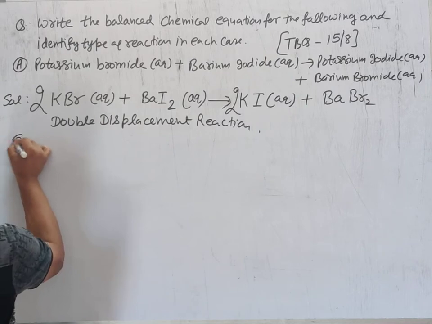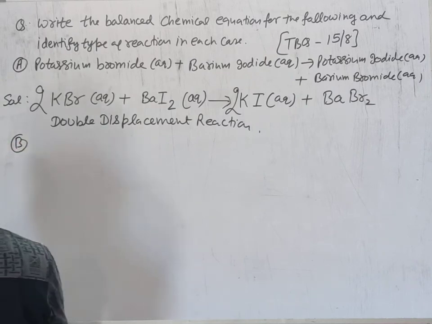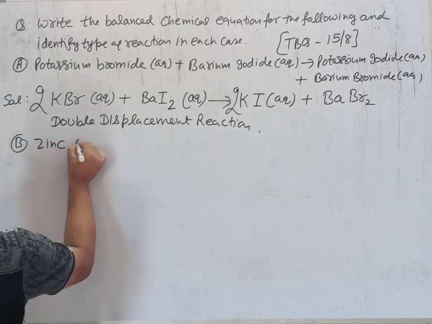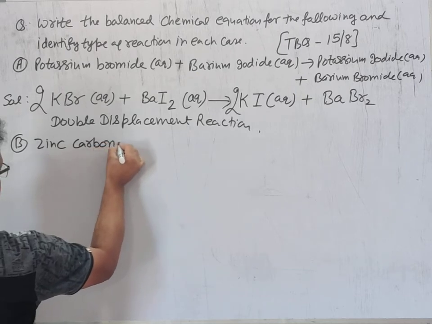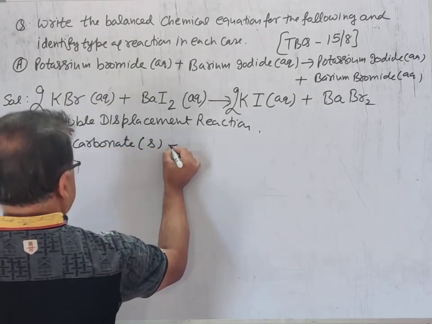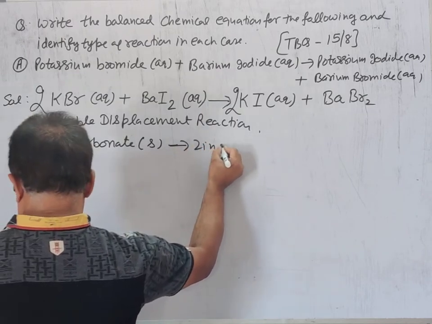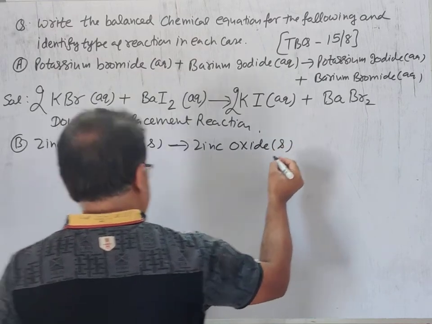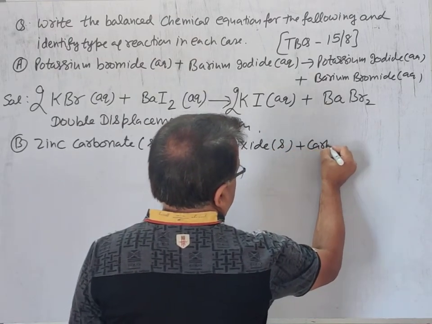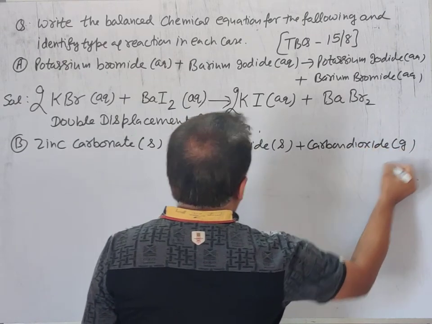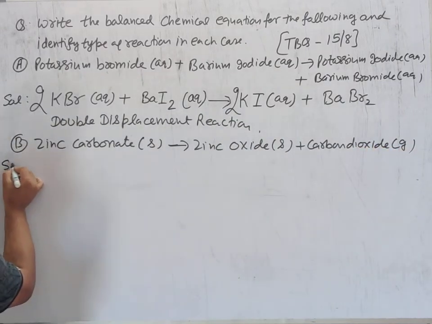Now in the second part, zinc carbonate, solid, gives zinc oxide, which is solid, plus carbon dioxide, which is gas. So it is a very simple question.